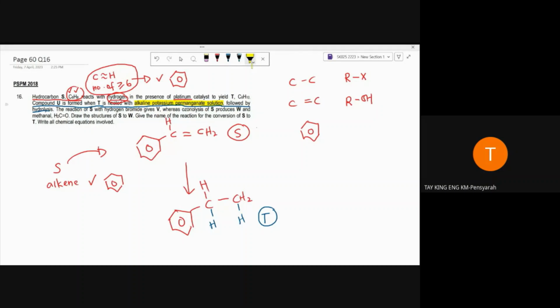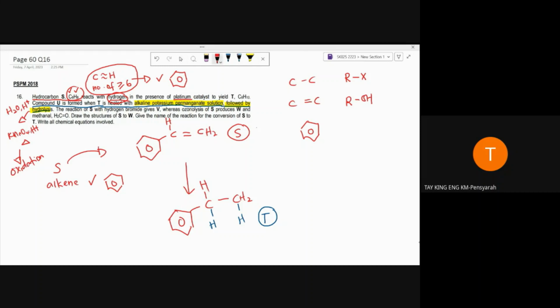Tapi sebab yang ini ada follow by hydrolysis, dan kita pun faham kalau follow by hydrolysis maksudnya H2O, H+. So in other words bahagian ini sebenarnya dia rujuk kepada KMnO4, H+ heat, which refer to the oxidation. Okay. Good. Okay, so saya akan continue.